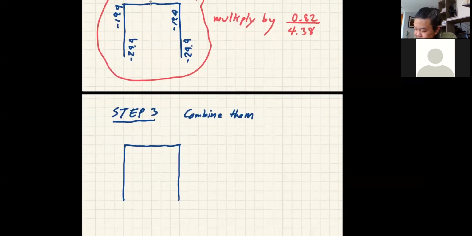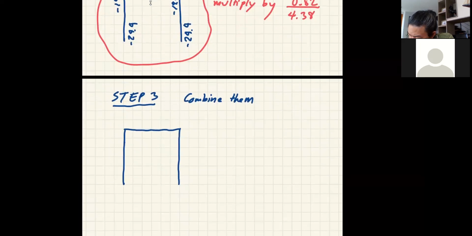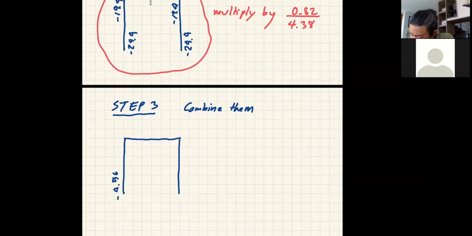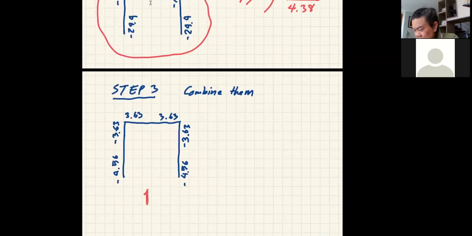Okay, I try to write better: minus 4.56, minus 3.63, 3.63, 3.63, minus 4.56. Now you should know this is the moment due to 0.82 lateral load.